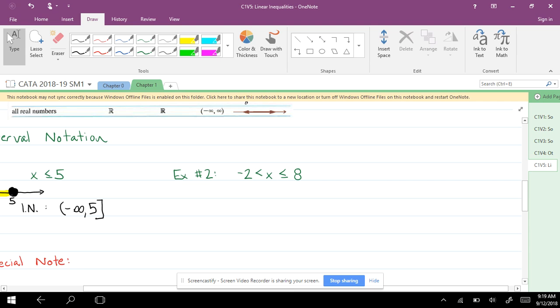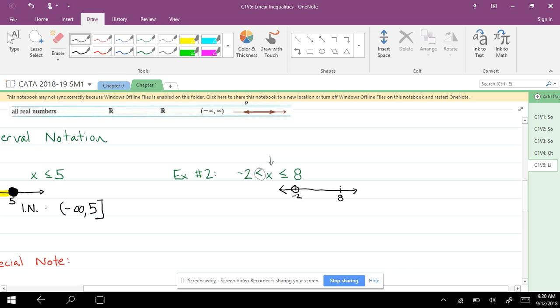In this next example, I always start reading from the x. So here I have x is greater than negative 2, and then I have x is less than or equal to 8. If I think visually for a moment, here's negative 2, here's positive 8. Since it's not or equal to on the negative 2, I'm going to have an open circle.